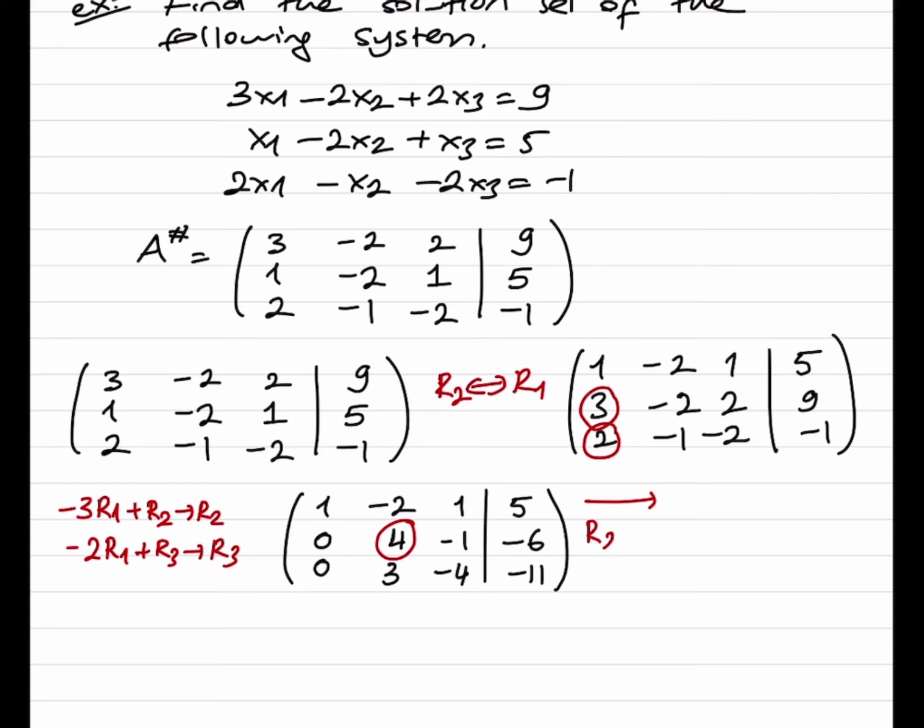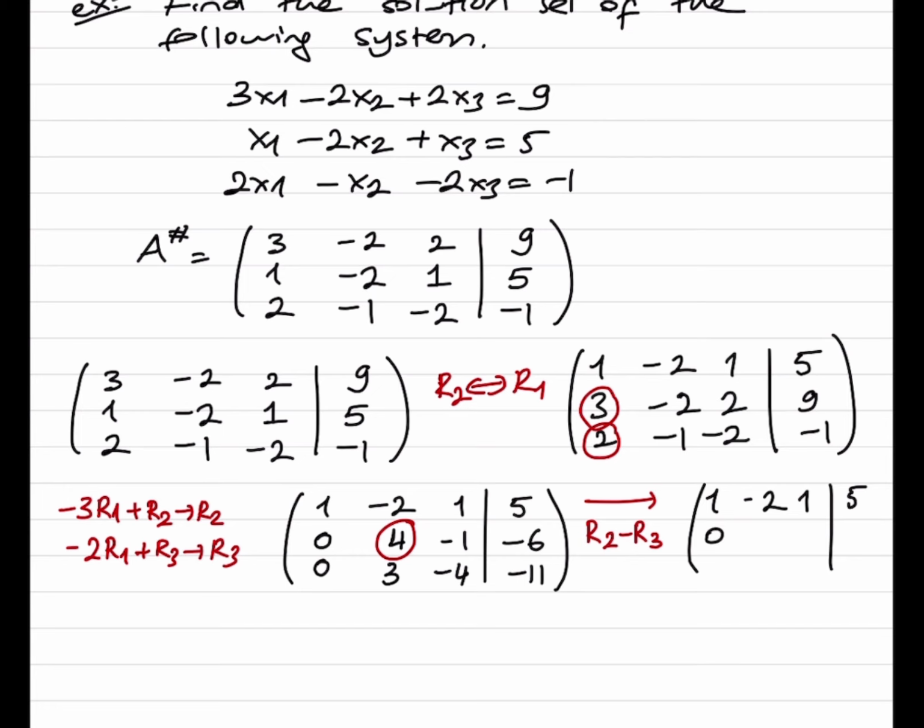If we subtract R3 from R2, we get that one to be 1, right? 1, minus 2, 1, 5, 0.